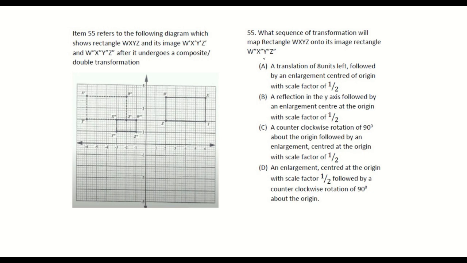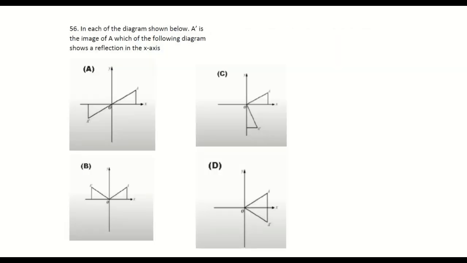So anything with reflection first, not A, not B, and not D. A reflection, and then there was an enlargement, right? So the answer would be B, sorry. 56, they want to know reflection along the x-axis, that is D.